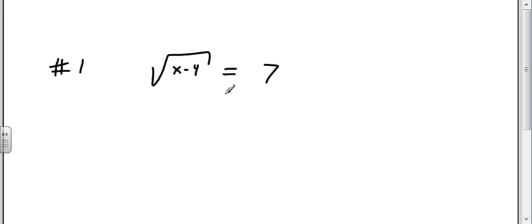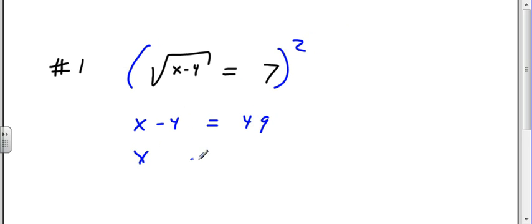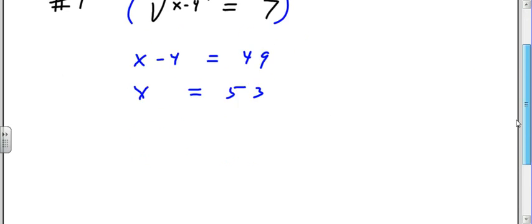Anyway, we're going to square both sides of this equation. x minus 4 is 49. x is equal to 53. 53 minus 4 is 49. The square root of 49 is 7. Looks good to me, so I got number 1 right. There's only one solution, and I checked it.